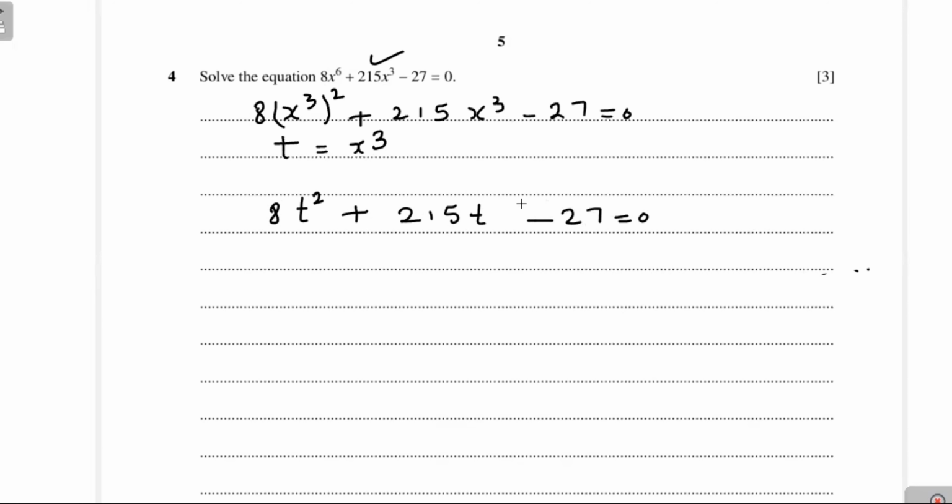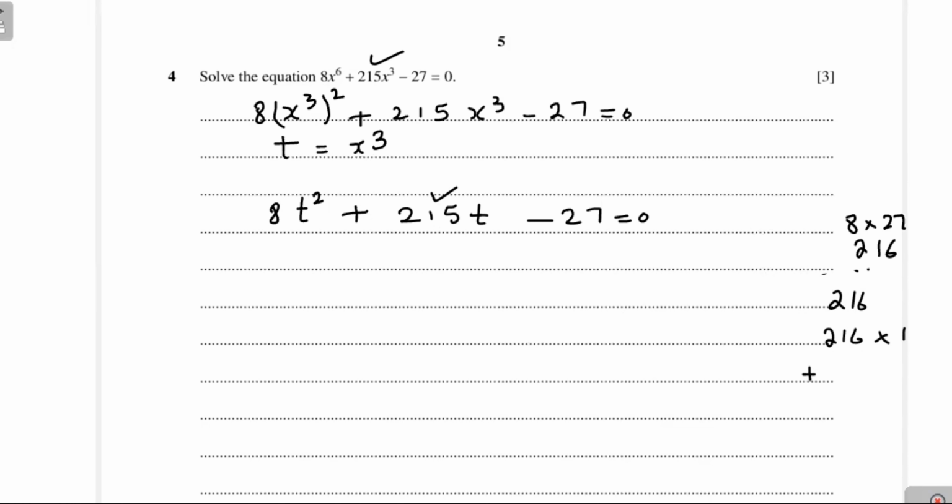This is the quadratic equation, and we can solve this quadratic equation by middle term breaking rule. In this middle term breaking, we factorize this left hand side expression. Firstly, we multiply 8 multiplied by 27, we get 216. We make a factor of 216 in such a way that when we add these two numbers, we get 215, and when we multiply, we get 216. You see here 216 times 1 is 216.